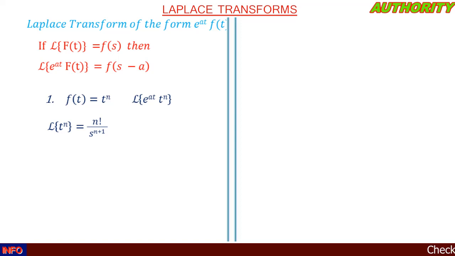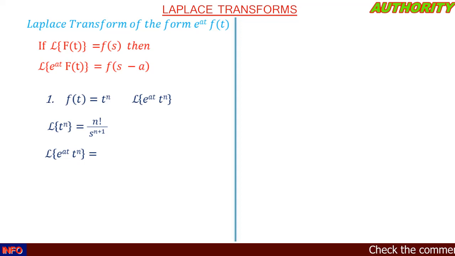Now, what about when you multiply this t to the n by e raised to the power of at? That is to say, the Laplace transform of e raised to the power of at multiplied by t raised to the power of n, how does it work? Please pay attention.